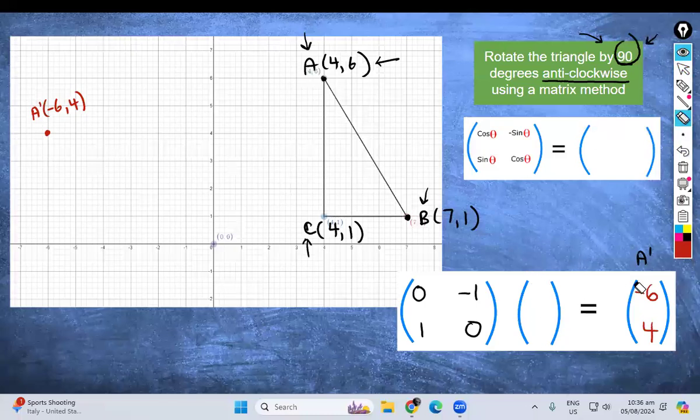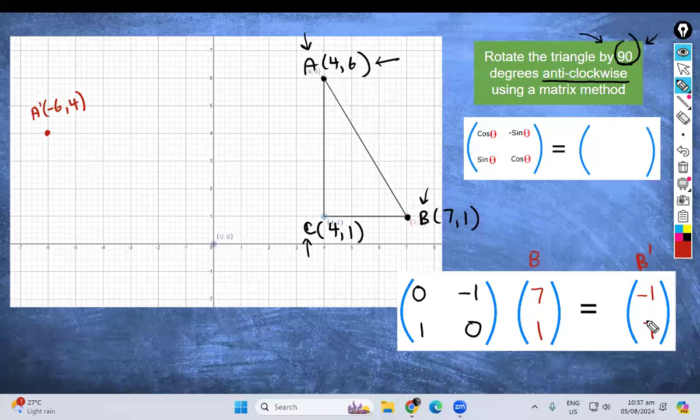Doing it slowly here for you guys. Take a minute. If you take point B and multiply by this matrix, you're going to get -1, 7.